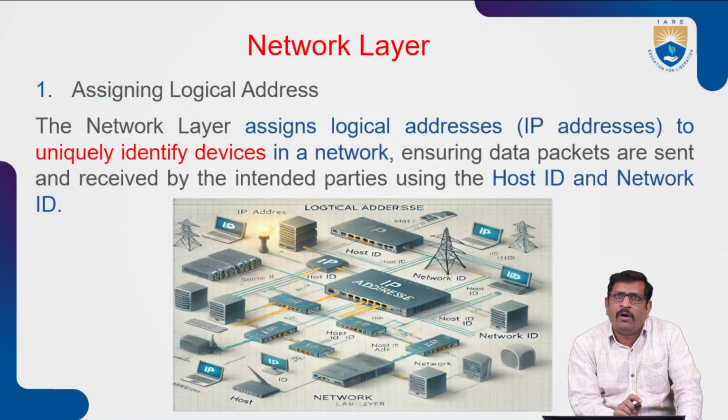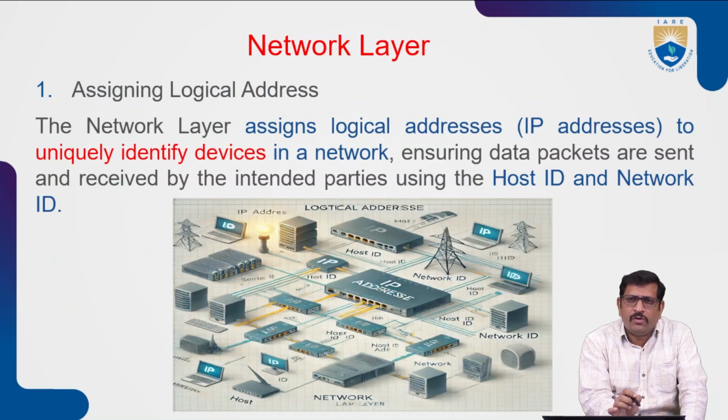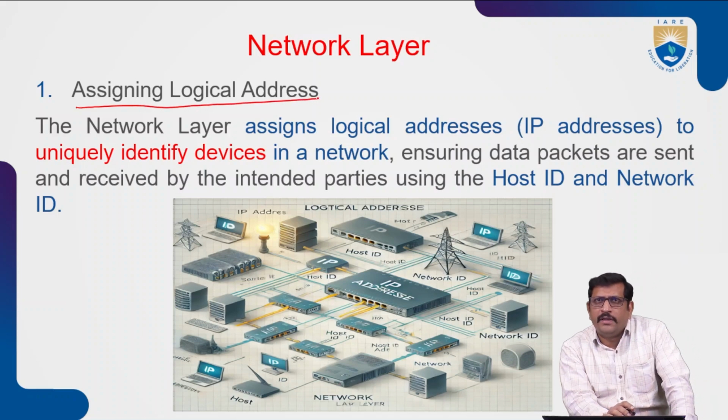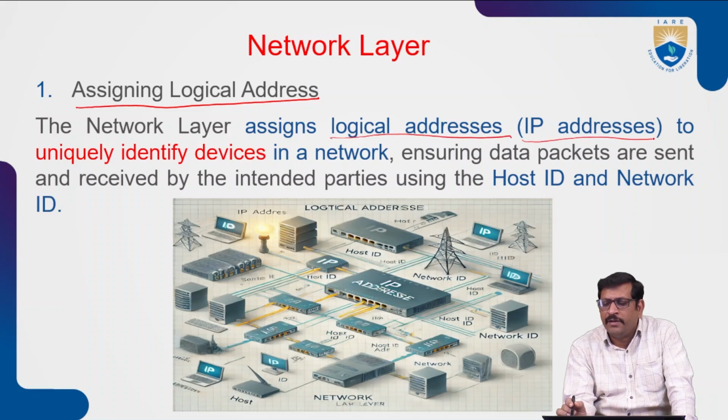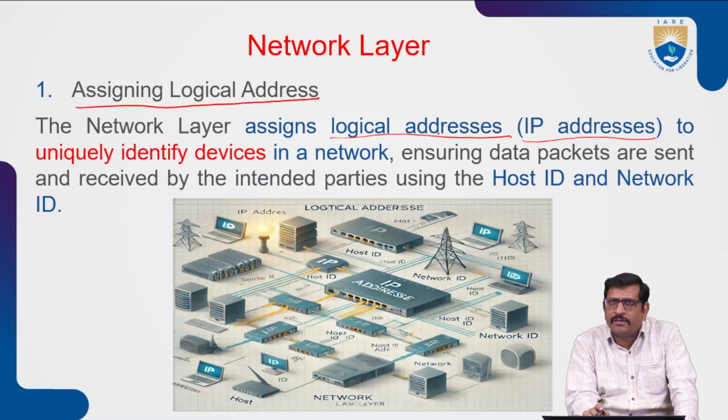Let us discuss them one by one. First, assigning the logical address. This is a function of the network layer, and the logical address is the IP address. It is generated while executing the program, while processing.